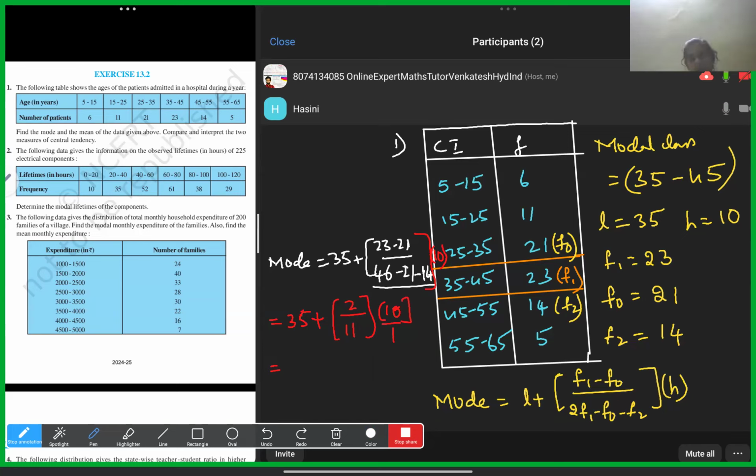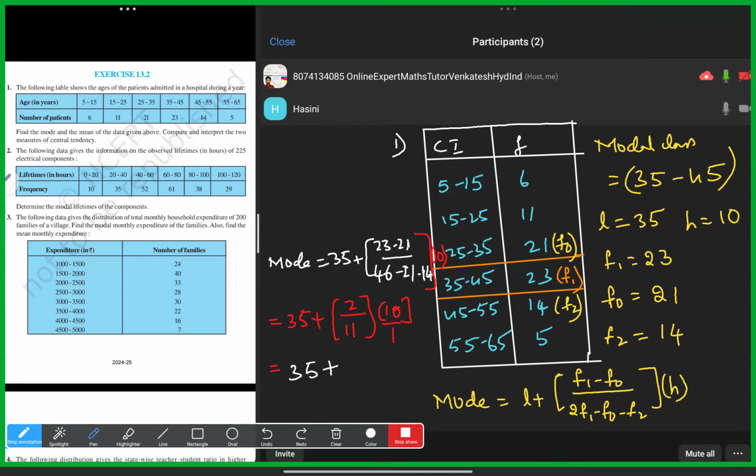No, sir. So 2 by 11 into 10, no cancellations are there. In that case, you should not divide 2 by 11 and then multiply by 10. Separate division we should not do. First we should multiply the numerators and then we should do the division.